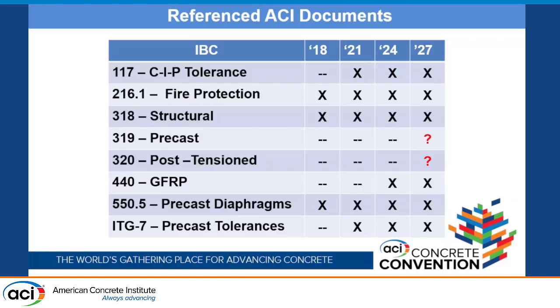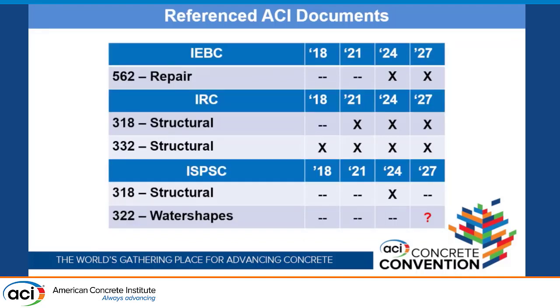In 2027, we may be looking at adding 2 more ACI standards, and this is to the International Building Code. For the International Existing Building Code in 2024, we'll see the ACI 562 referenced.